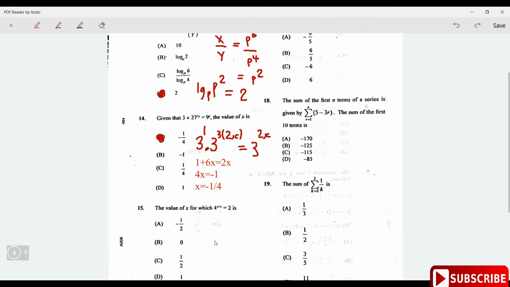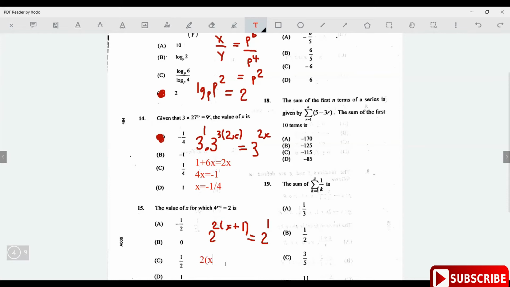Next one, find the value of x for which 4 to the x plus 1 is 2. So now we can rewrite 4 as 2 squared. So it's 2 squared times x plus 1. And you have to remember that if it's equal to 2, what is 2? 2 is just 2 to the 1. And so by laws of indices, if you have 2 to this is equal to 2 to this, we can equate the powers.